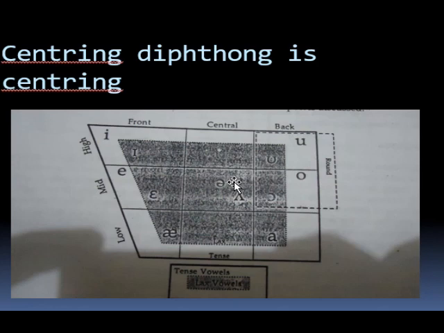Because the diphthong glides to the center position, like over, and air. Take a look at this position. It's a central or middle position. So the diphthong glides toward the central position. Over, air. That's why it's called a centering diphthong.